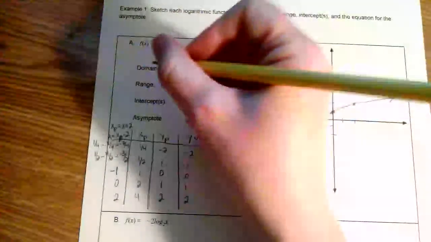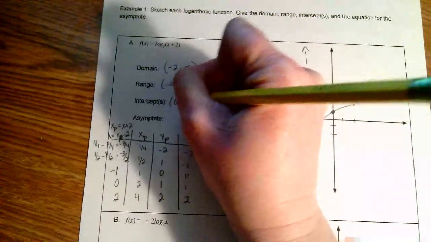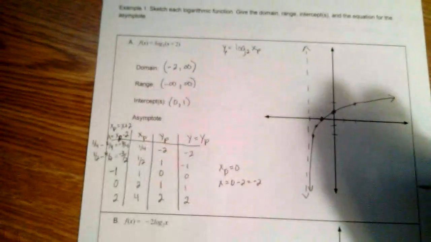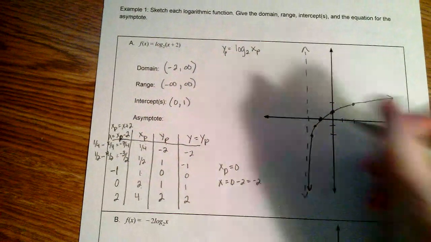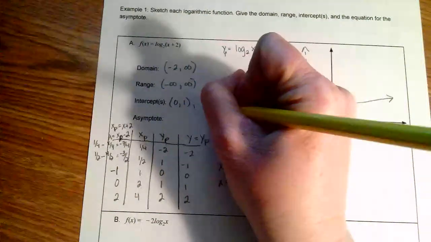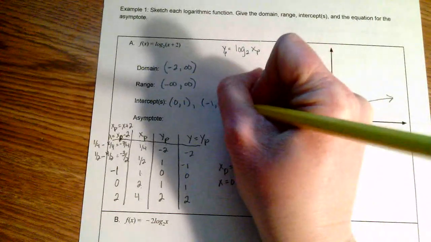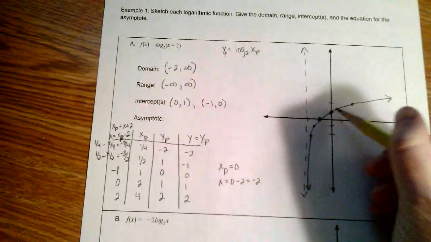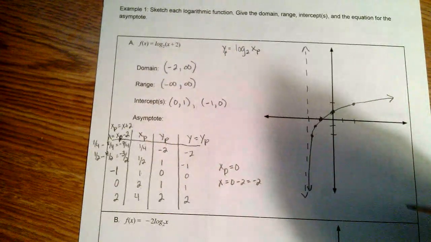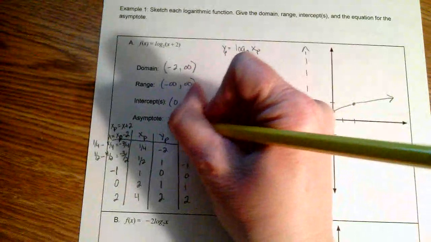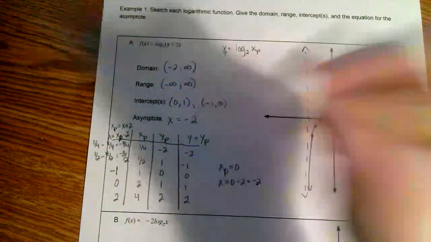My intercept is occurring at (0, 1), and actually at (-1, 0). Here's my x-intercept, here's my y-intercept, and my asymptote now is occurring at x equals negative 2.